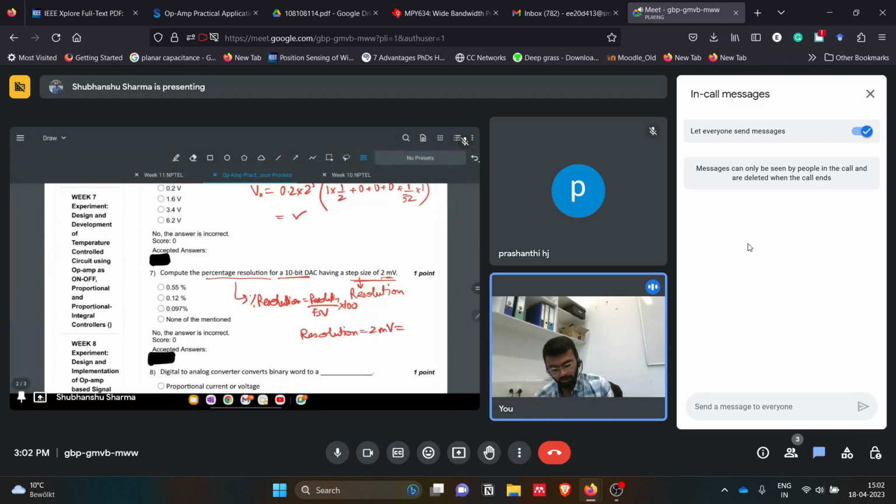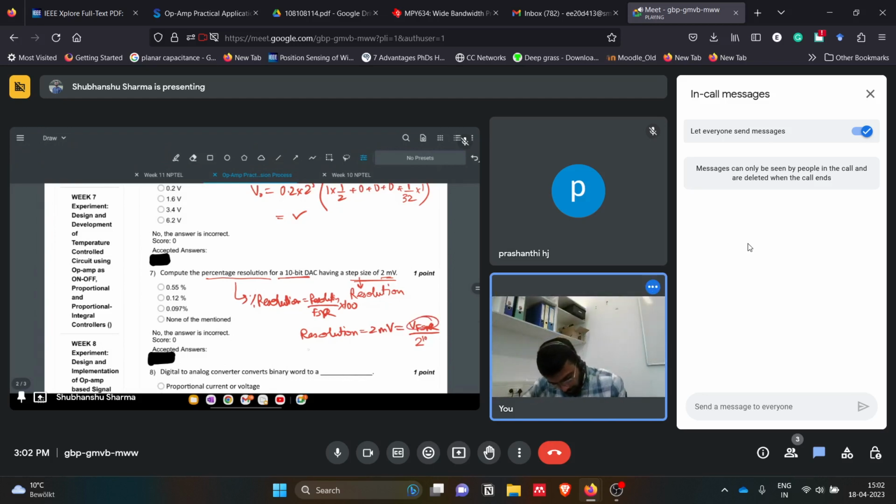We also know the full scale value, the full scale range, we can say, divided by 2 to the power n, and n is 10. So we can get the full scale range from this function.